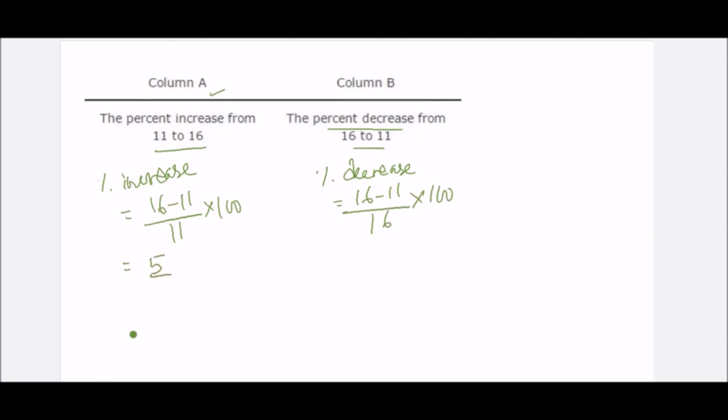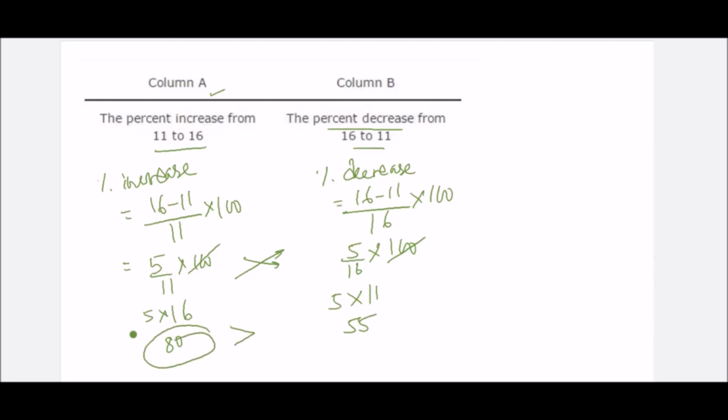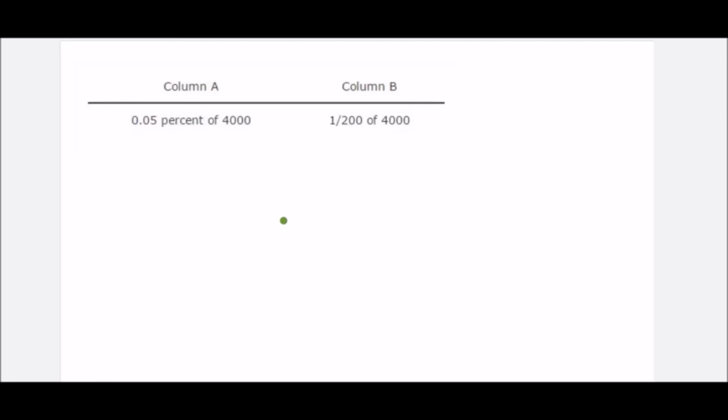It will become 5 by 11 into 100, and here 5 by 16 into 100. So if the value is in multiplication form, same for both column A and B, we can easily eliminate this 100 and solve it by cross multiply. 5 into 16 and 5 into 11, it will become 80 and it will become 55. So option A is greater. Answer will be A. Here is our next question.